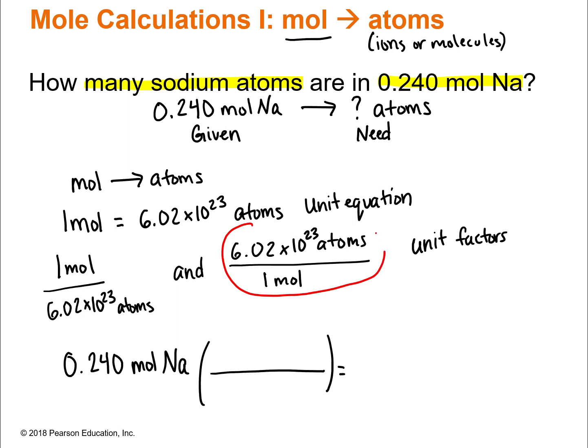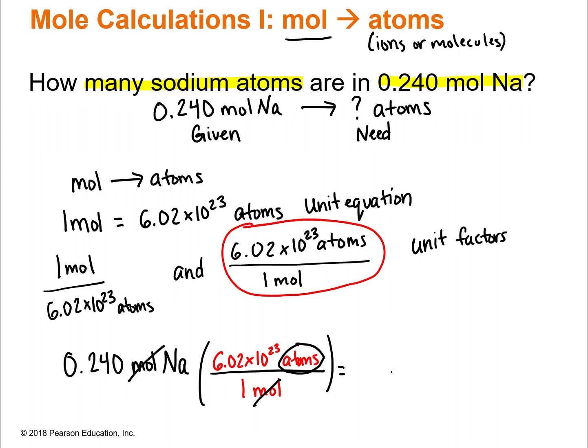Moles has to be in the denominator of the unit factor we choose. The moles cancel because you have one in the top and one in the bottom. That means we have atoms.